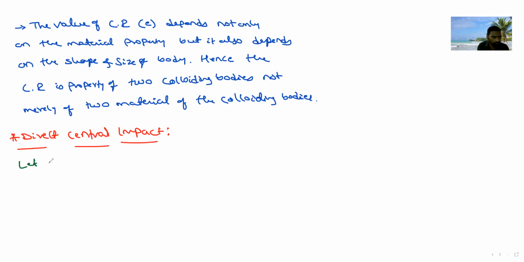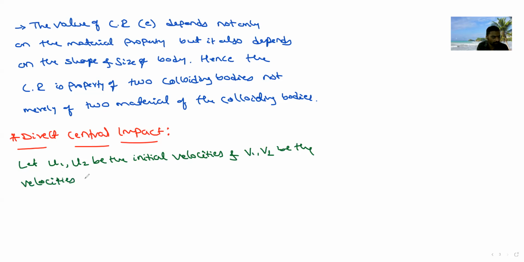Let U1, U2 be the initial velocities and V1, V2 be the velocities after collision of bodies 1 and 2 respectively.